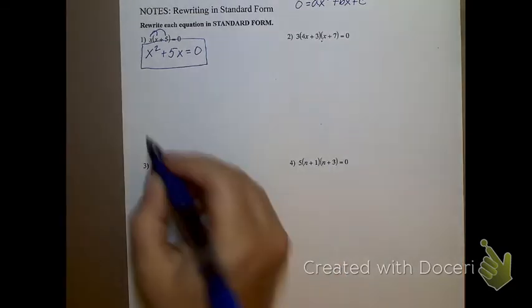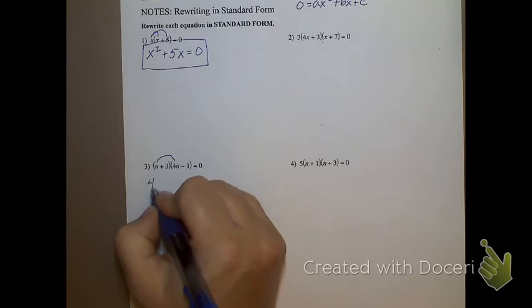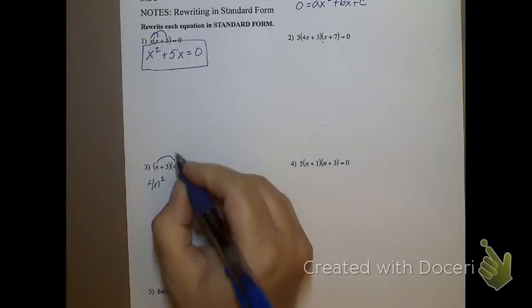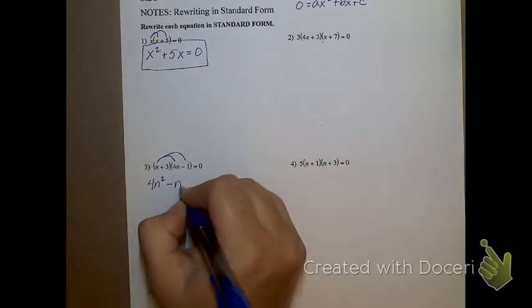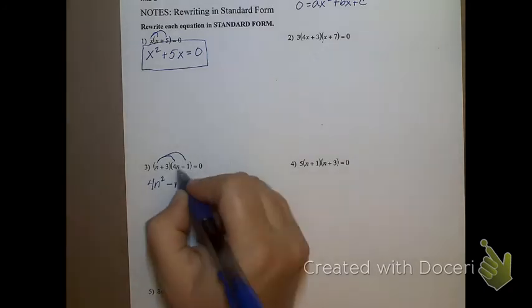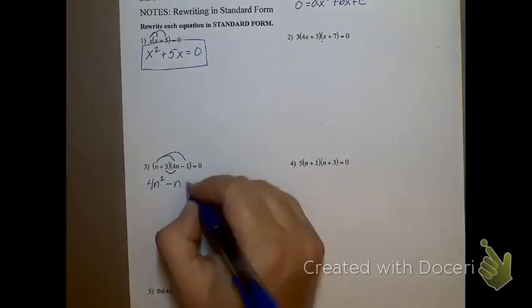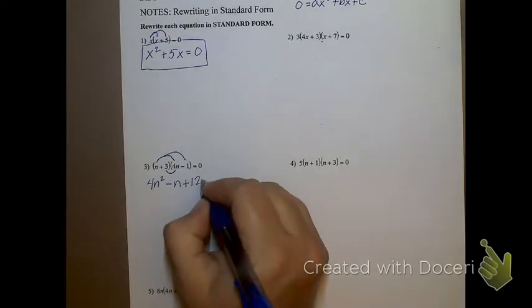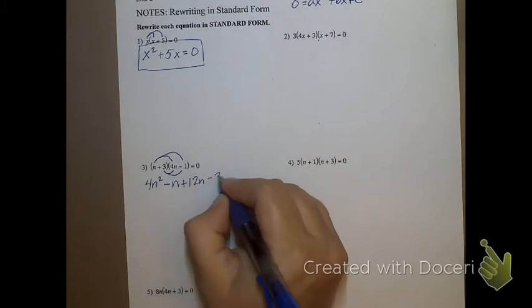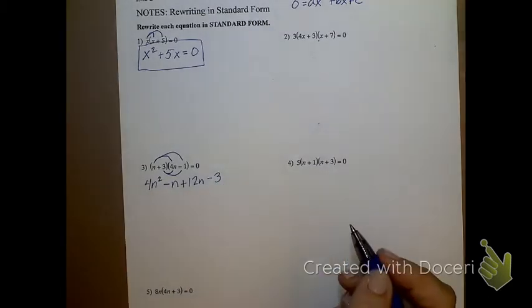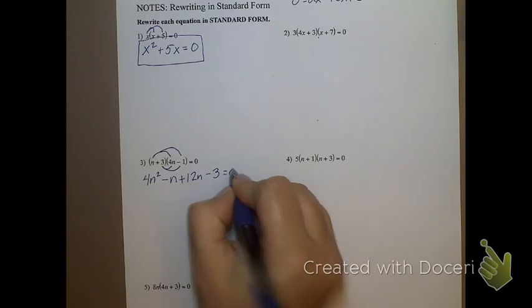N times 4n is 4n squared. N times negative 1 is negative n, or negative 1n. 3 times 4n is 12n. And 3 times negative 1 is negative 3, equals 0.